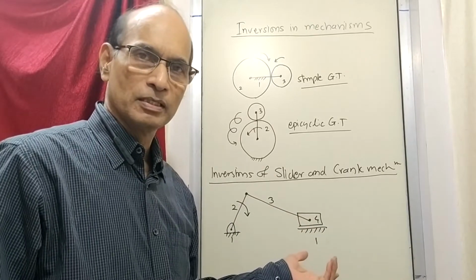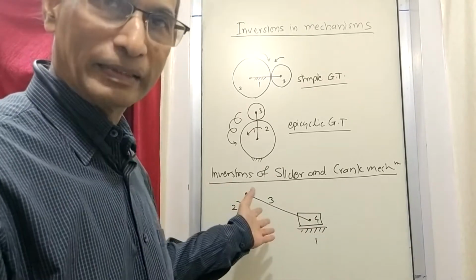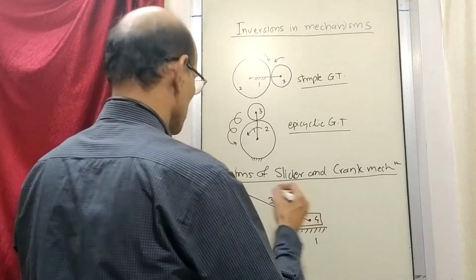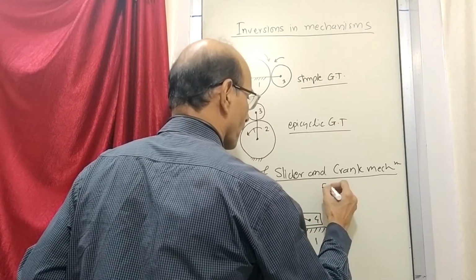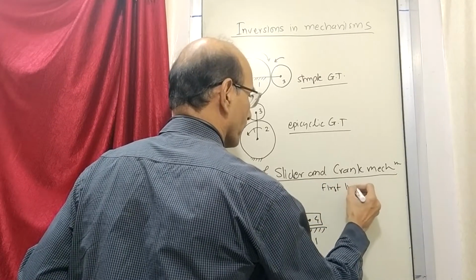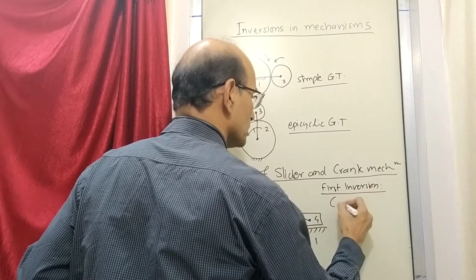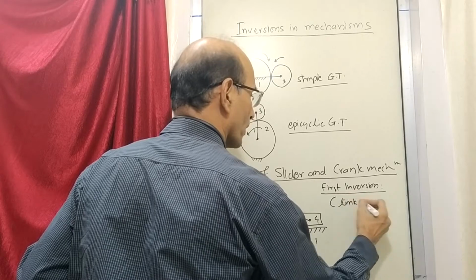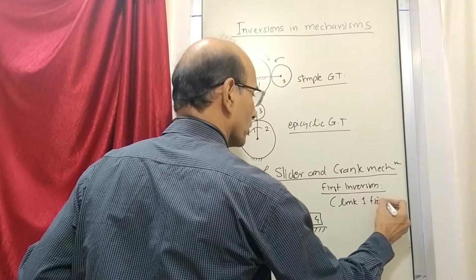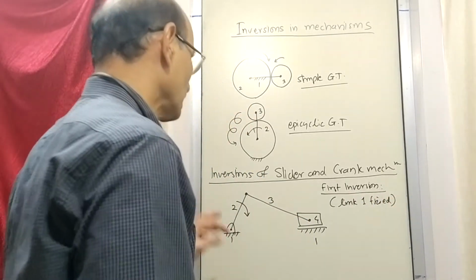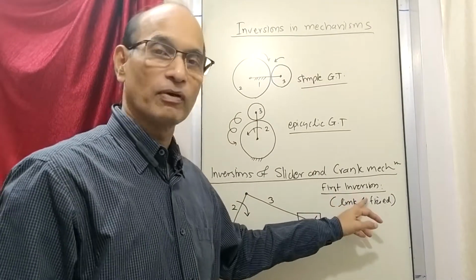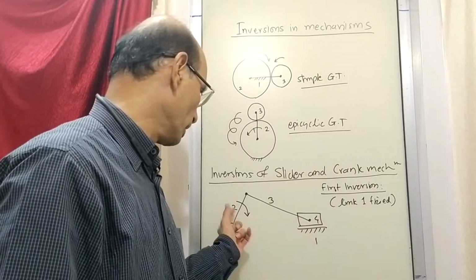So we know this. What we already know is called the first inversion. So this is the first inversion, and in the first inversion, link number 1 is fixed.